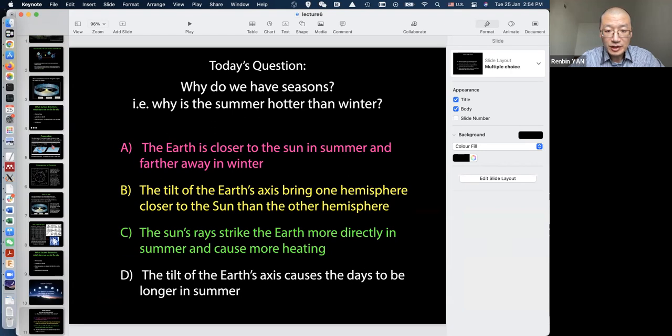Or is it the tilt causing the days to be longer? Okay, answer it if you haven't.